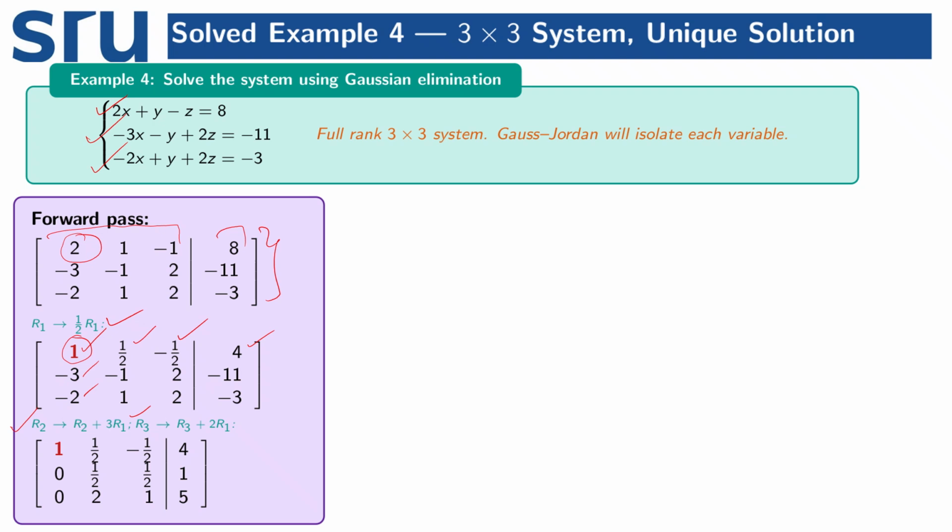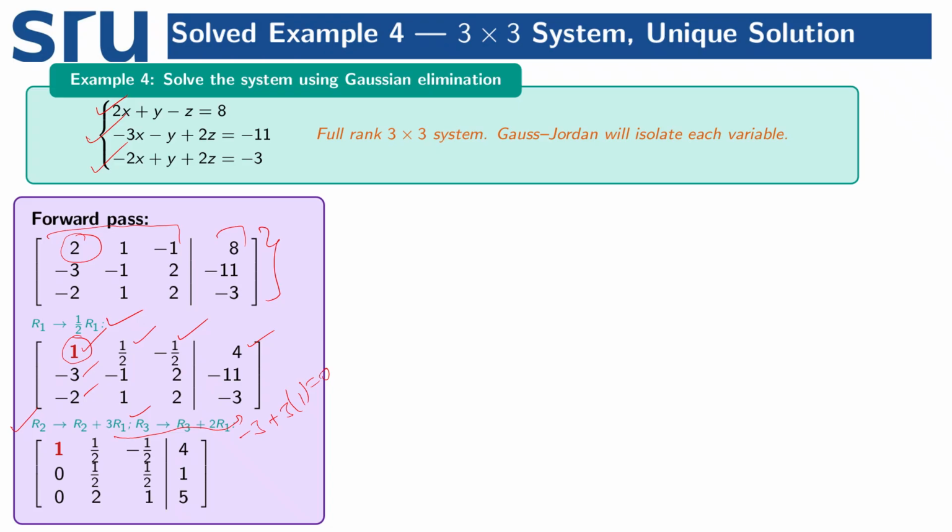Let me show you one. For this operation, minus 3 plus 3 into 1 will become 0.